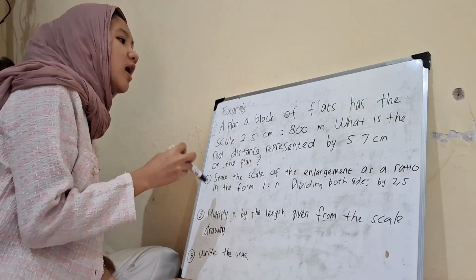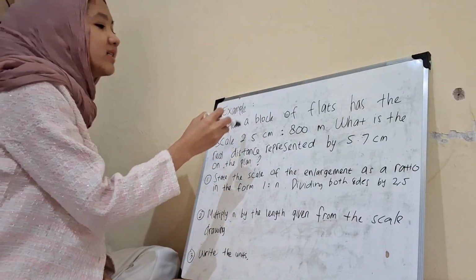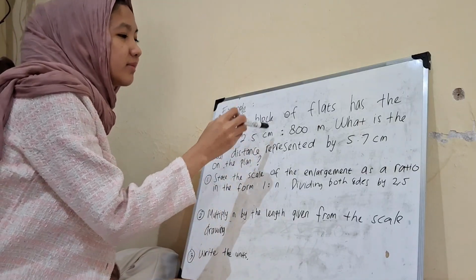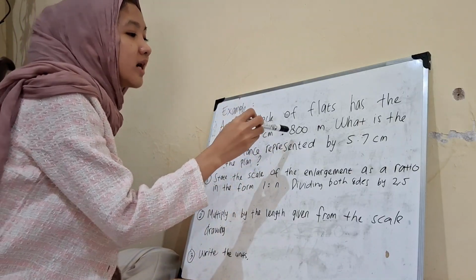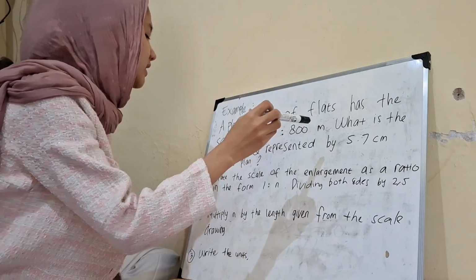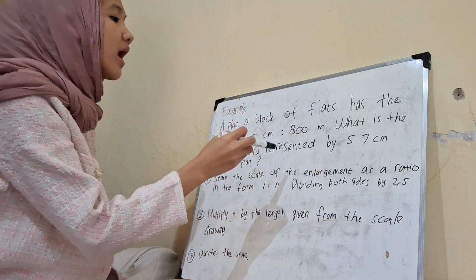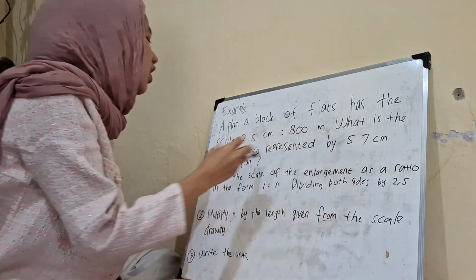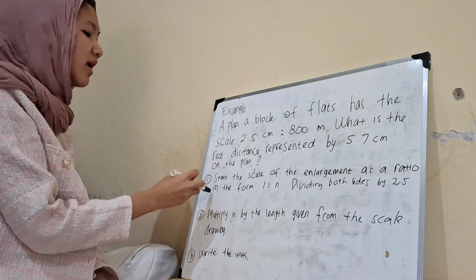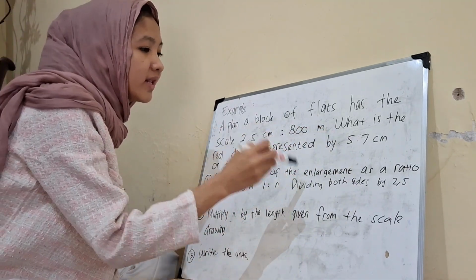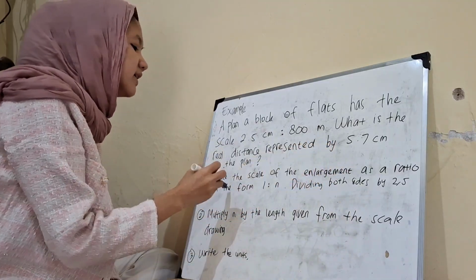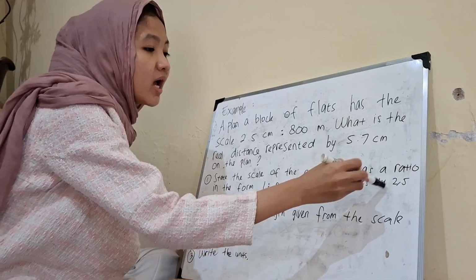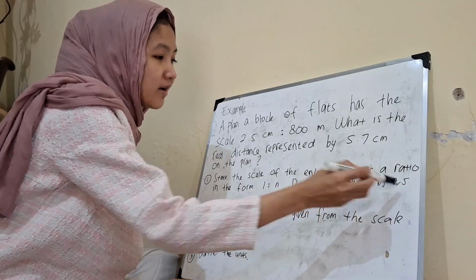Let's move on to our second example. A block of flats has the scale 2.5 cm to 800 meters. What is the real distance represented by 5.7 cm on the plan? Step 1. State the scale of the enlargement as a ratio in the form 1 to n, dividing both sides by 2.5.